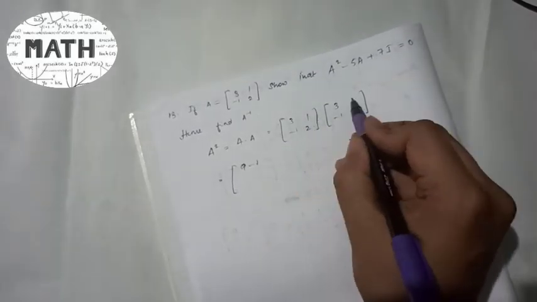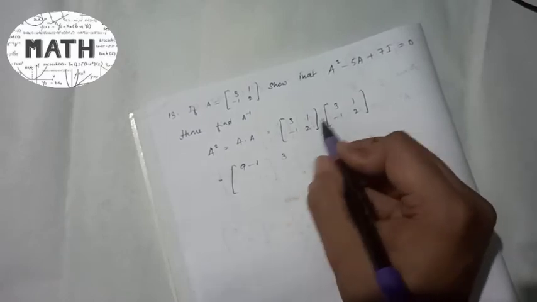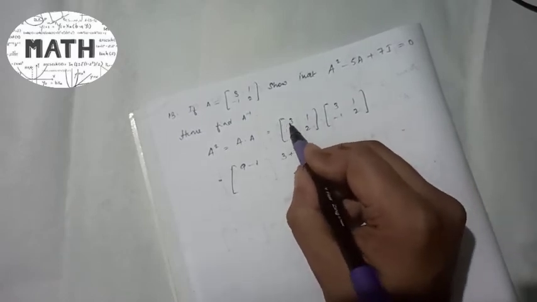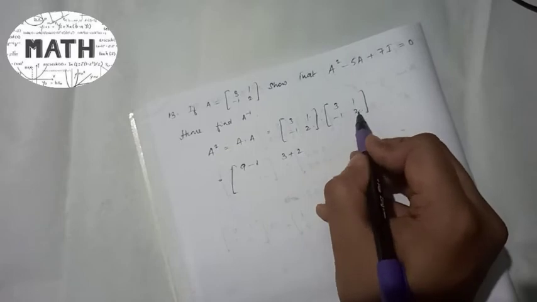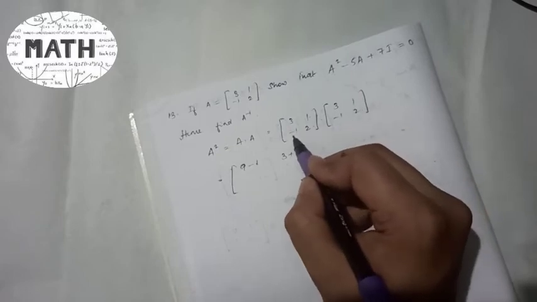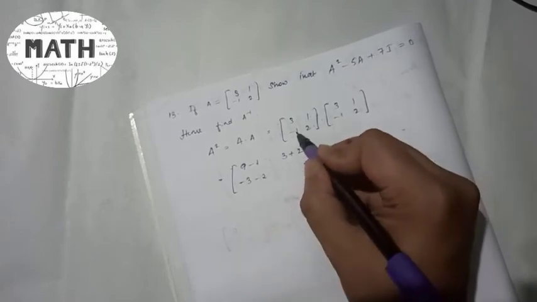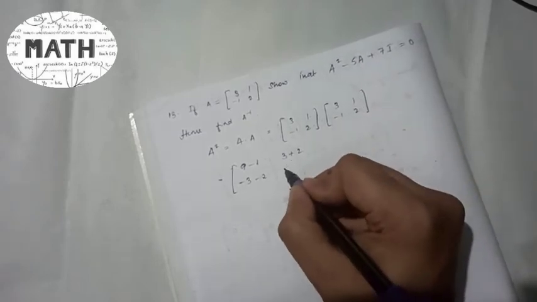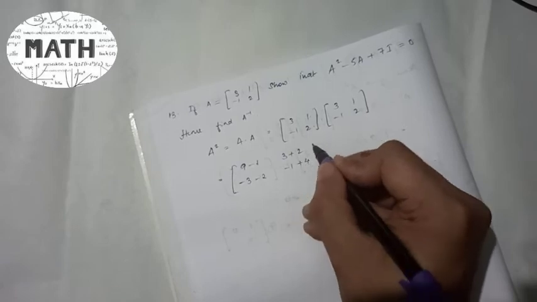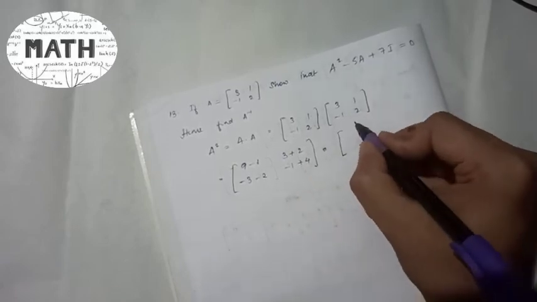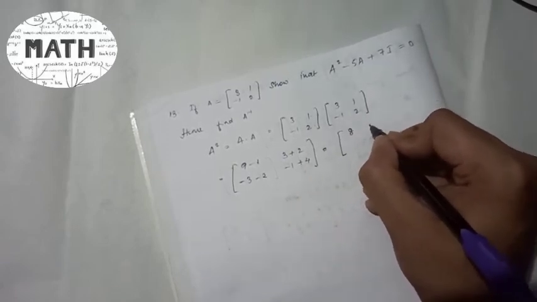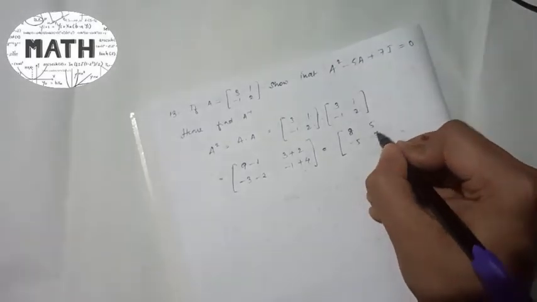Similarly, the first row with the second column, 3 1s are 3, 1 2s are 2. Now the first row is done with all the columns. Let us go with the second row. The second row with the first column is minus 3 minus 2. Similarly, the second row with the second column, there will be minus 1 plus 4. I got the answer to be (8 5; minus 5 3).